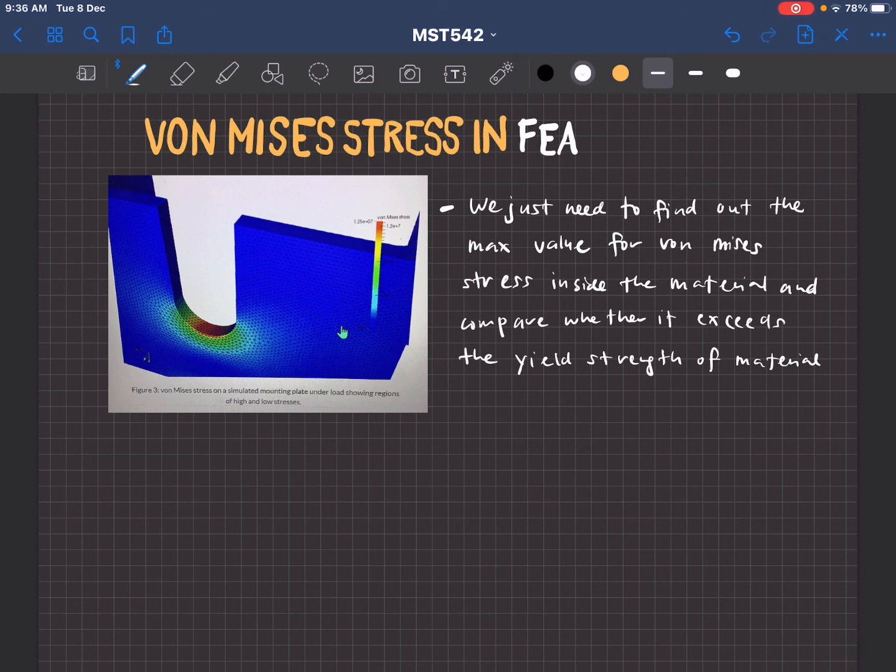The equivalent von Mises stress is a common output from stress analysis performed using finite element analysis. Von Mises is used to determine if a given material will yield or fracture, and is mostly used for ductile materials such as metal.